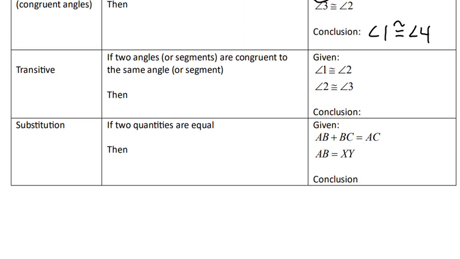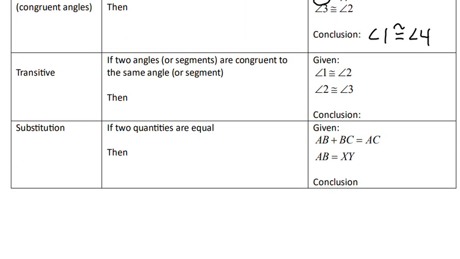The last two reasons are transitive and substitution. Transitive is if two angles or segments are congruent to the same angle or segment. So this is not complementary or supplementary, this is congruent. In order to use this theorem, your if has to involve two sets of congruences, and our conclusion is going to be they are congruent.